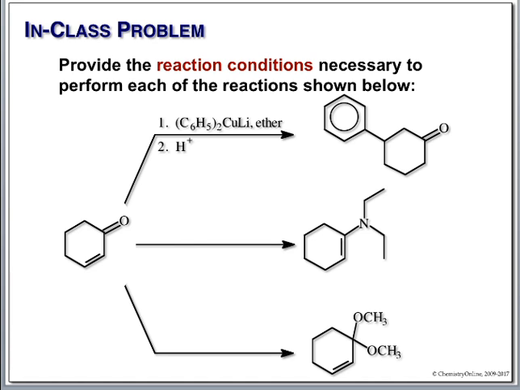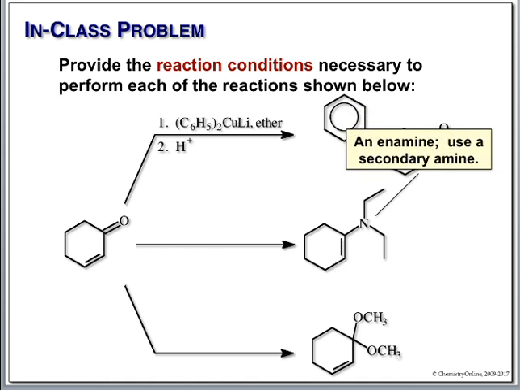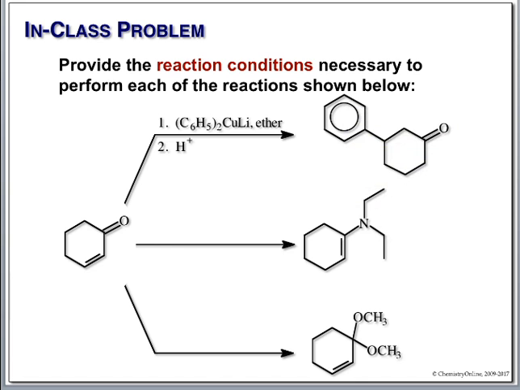We're going to lose a proton, and it's going to form a neutral enamine like this. Secondary amine we need here is simply diethylamine. Again, we attack the carbonyl, we lose water, lose a proton, and we're here.